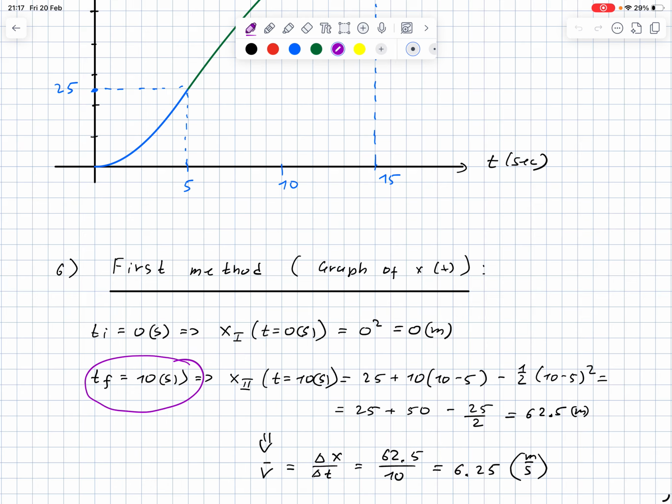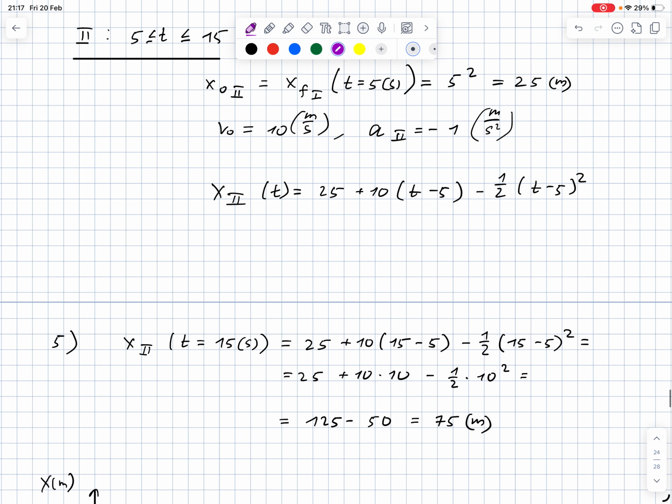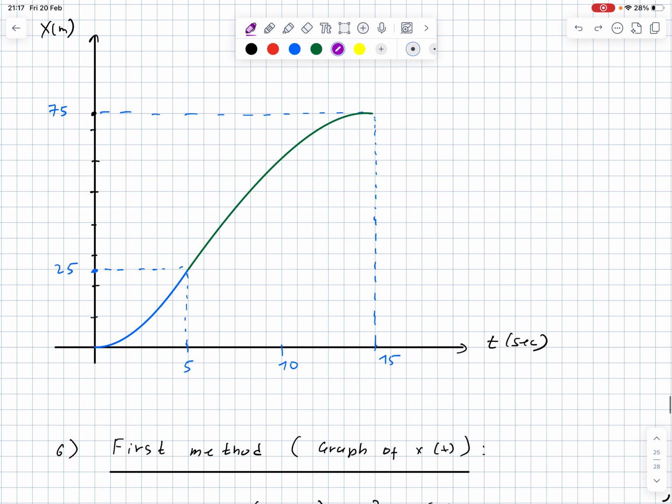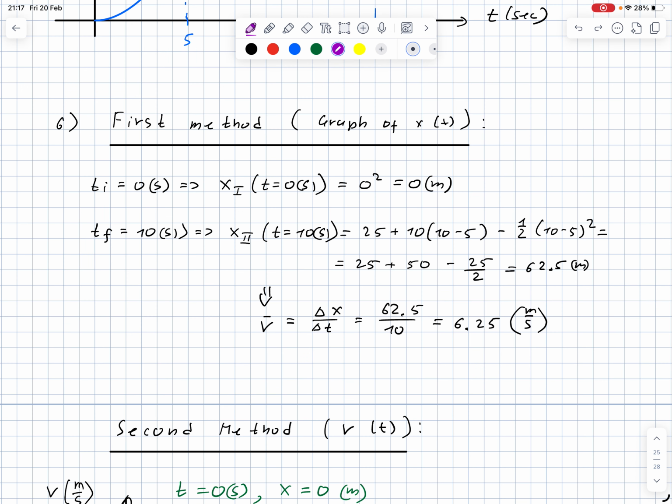Of course, we need to substitute this time of 10 seconds in the second segment, which means in this function. We will substitute this with 10 seconds, also here with 10 seconds, and let's see which value we get. It is equal to 62.5 meters. Now, finally, we can calculate the average velocity, which means delta x, the displacement, over delta t.